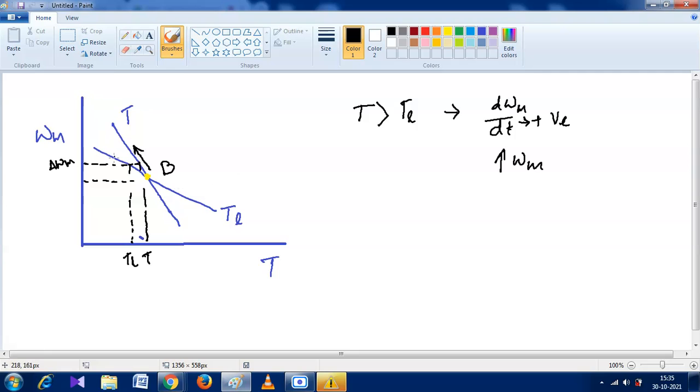If the system speed increases, then suppose the speed is now here, so the system will run at this speed. What do we see at that point? The machine torque is more than the load torque. That means the speed will again increase.